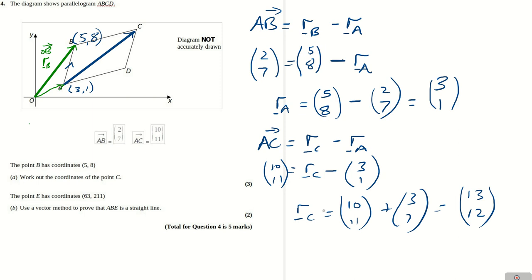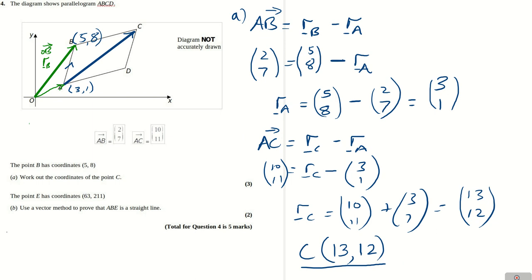So that's the position vector of C, and it wants it as coordinates, so to write it as coordinates we just write it horizontally like that, (13, 12). And there we have it.